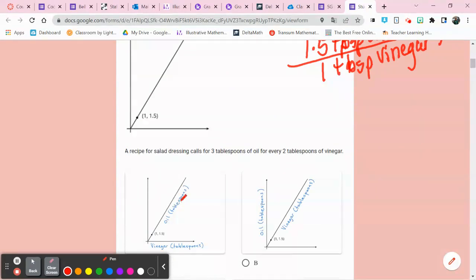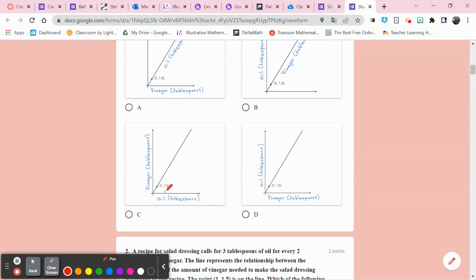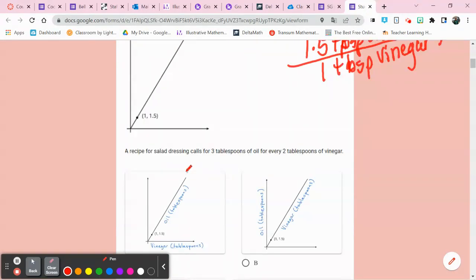First, let's go find the correctly labeled graph. Well, A is not labeled correctly because the line is not labeled. Not B. We don't want the line labeled. We want our x and y axis labeled. This one has oil on x and vinegar on y. Remember, the line at the bottom is always your x line. This is your x.